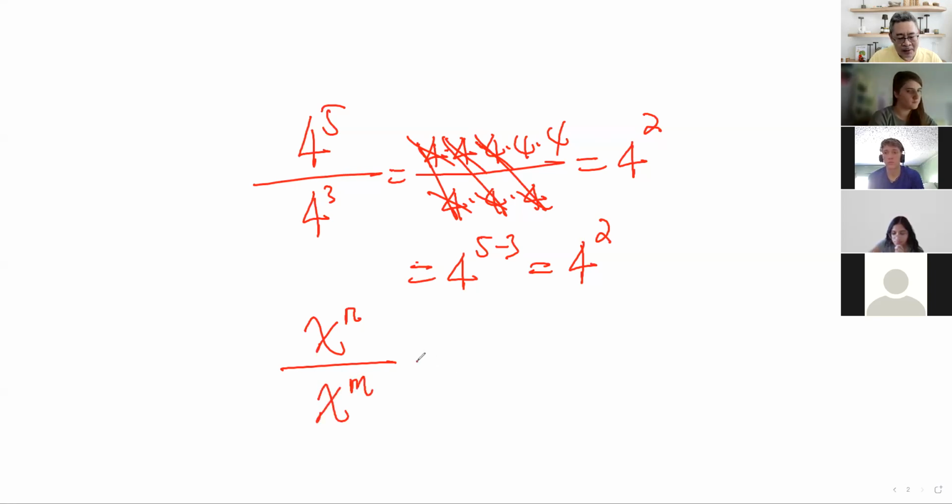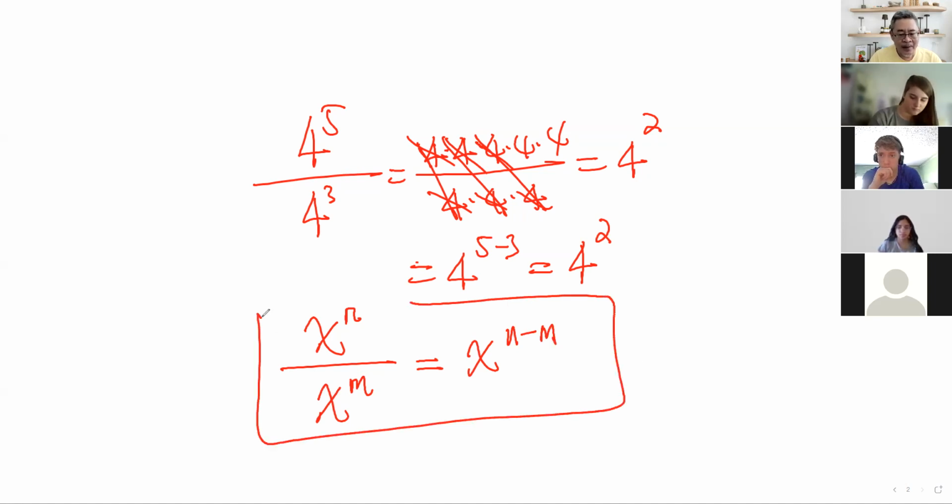Now, we got this formula, which is x to the n divided by x to the m equals x to the n minus m. Just look at here. When we did that, when we were canceling, we basically just took a subtraction. We just get rid of the common factors on the top and bottom.